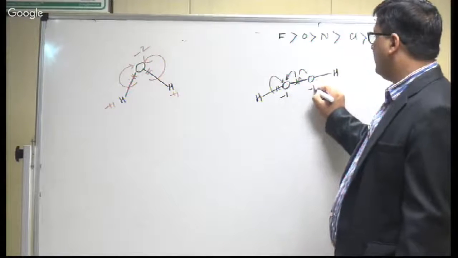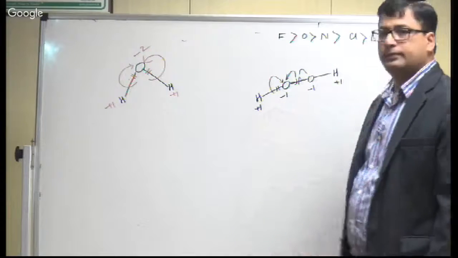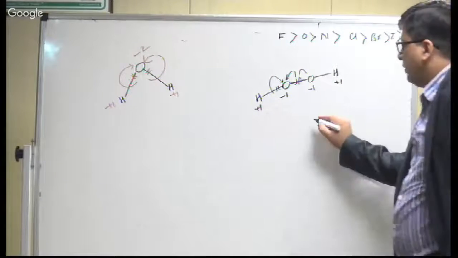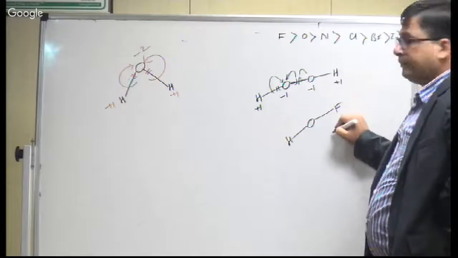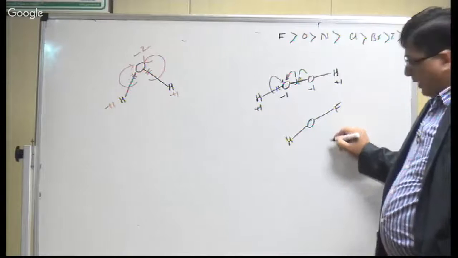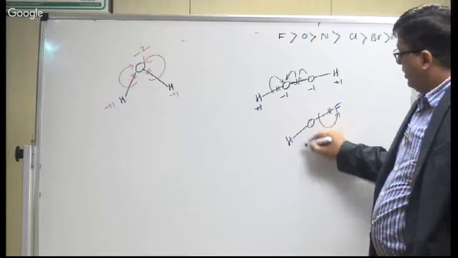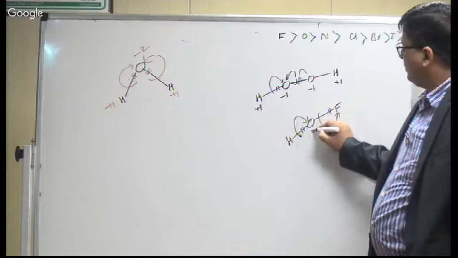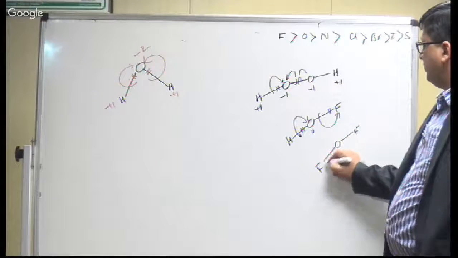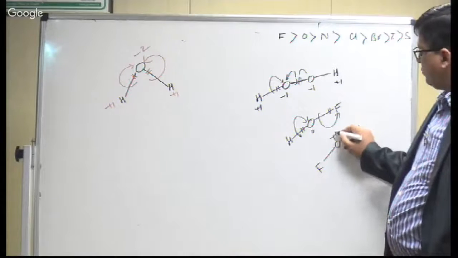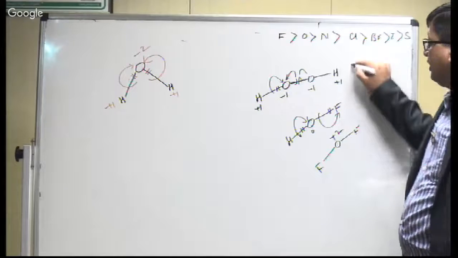This oxygen -1, this hydrogen +1, this hydrogen +1. Clear? Now, what is the oxidation state of oxygen in this? क्योंकि फ्लोरीन इलेक्ट्रॉन लेगा, लॉस किया इसने +1, और हाइड्रोजन से इलेक्ट्रॉन गेन किया तो 0. If both are fluorine, then what is the oxidation state of oxygen? +2. Clear? So you can calculate all oxidation states if you know the structure.